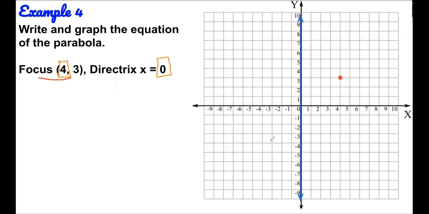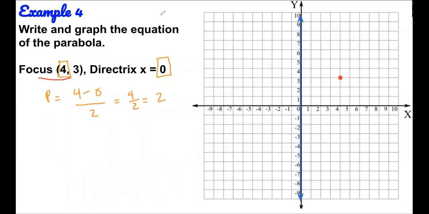Therefore, it's going to open to the right side. So p equals the x value of our focus, 4, minus 0, the x value of our directrix, over 2. 4 over 2 gives me 2. So p in this case equals 2.